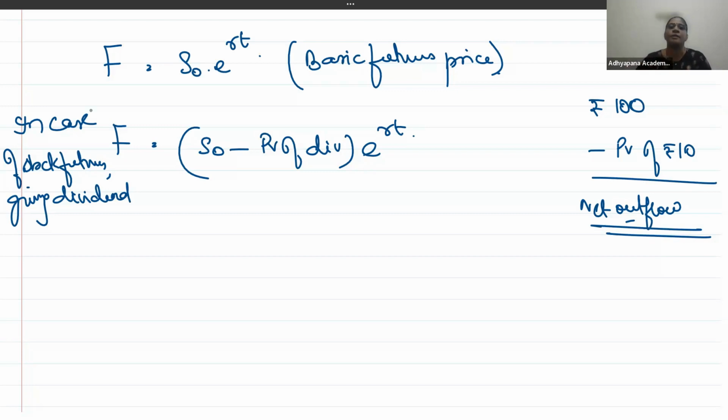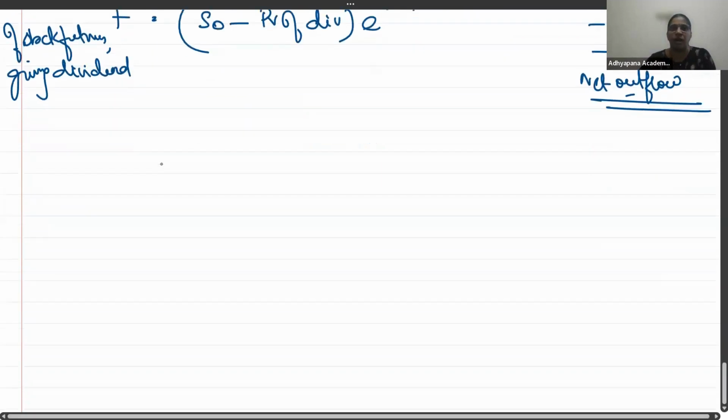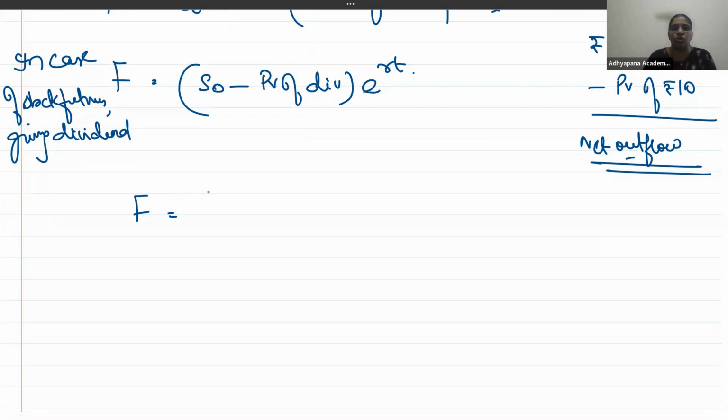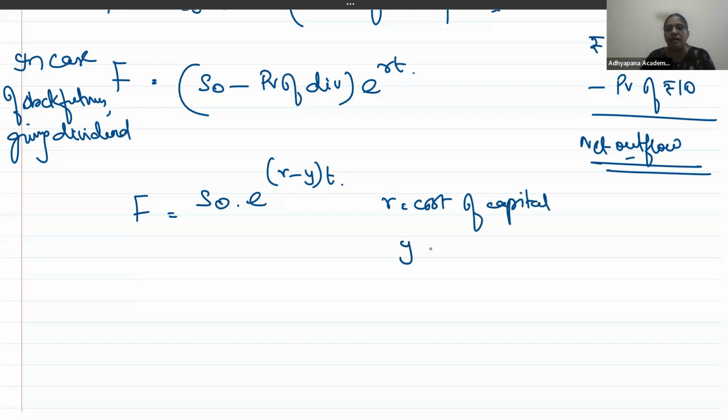What if the amount of dividend is not given, but the rate of dividend is given to you? Then it is S0 into e raised to (r minus y) into T. What is r? r is the cost of capital to the company. y is the rate of dividend.